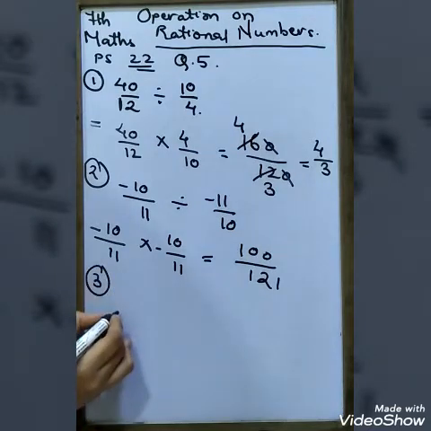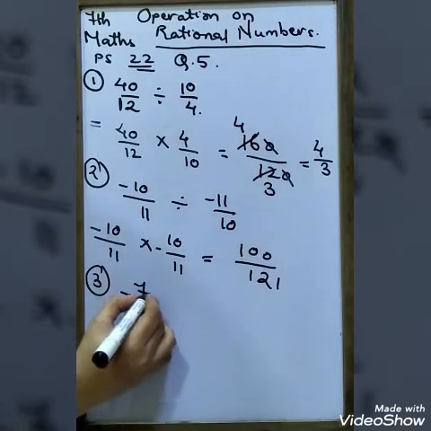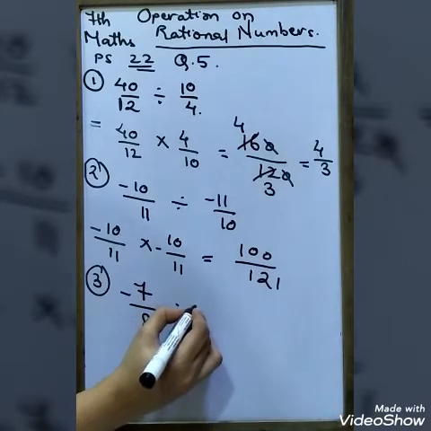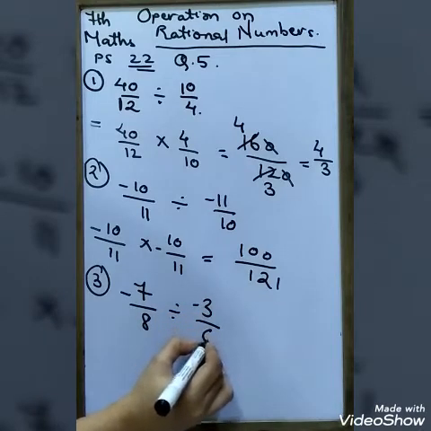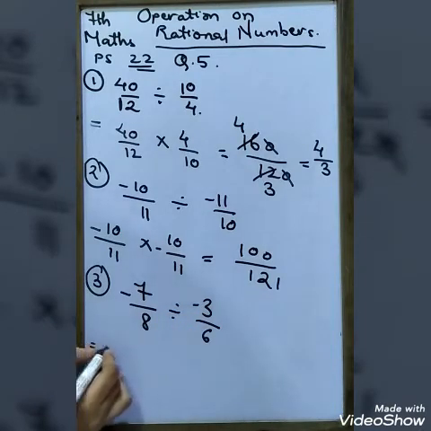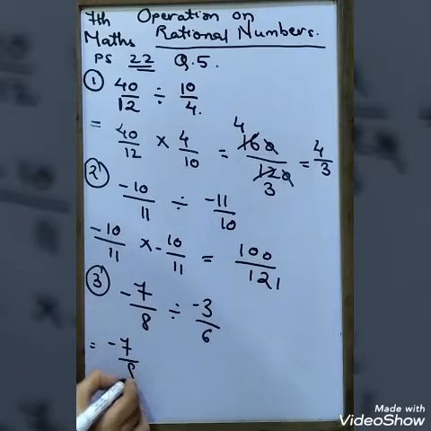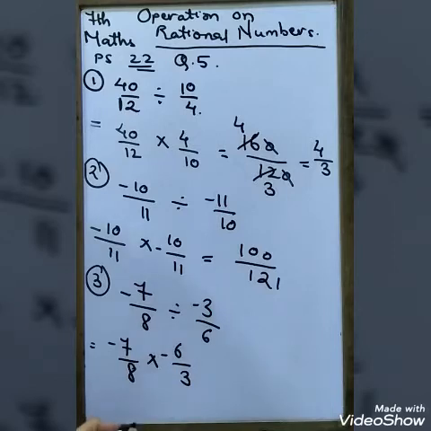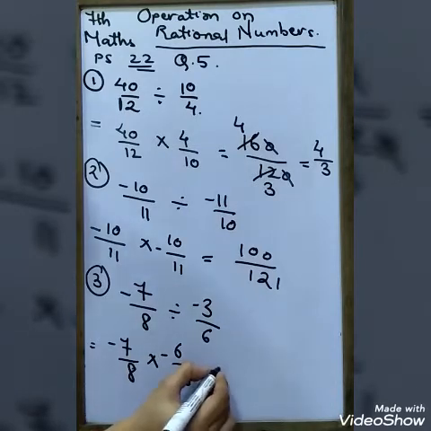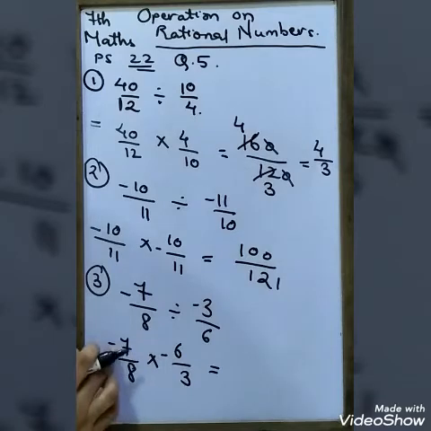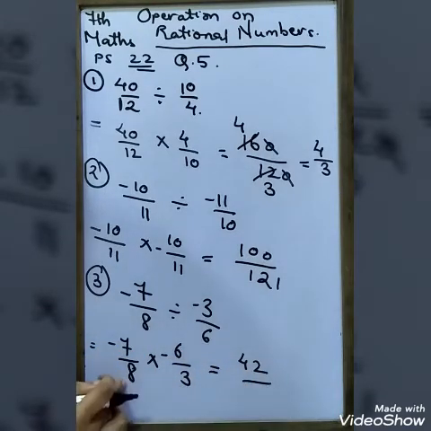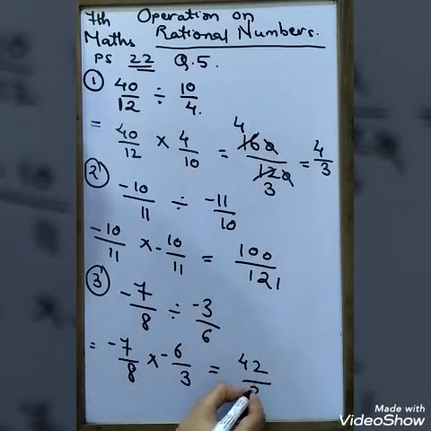The third one we are going to solve. Minus 7 upon 8 divided by minus 3 upon 6. So again minus 7 upon 8 into 6 upon 3 minus, this way. Then 7 6s are 42 upon 3 8s are 24.